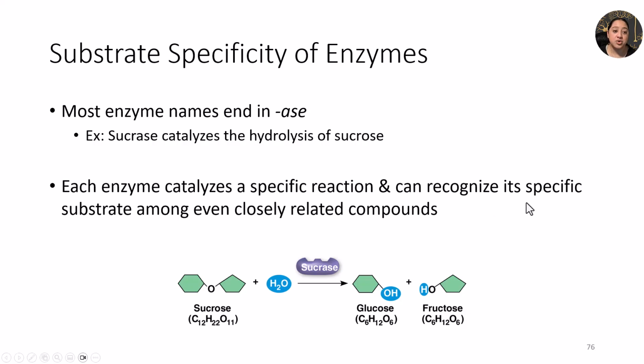Every enzyme catalyzes one specific reaction and can recognize its specific substrate even among closely related compounds. So sucrase only recognizes sucrose. It doesn't recognize other stuff that's structurally similar, even if it's an isomer. It's very specific.